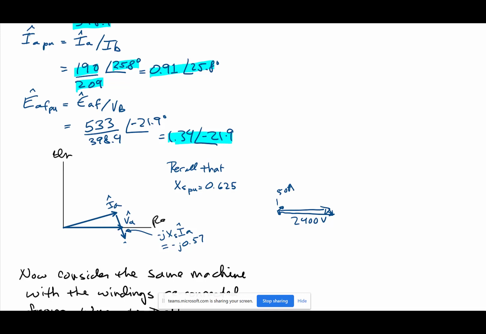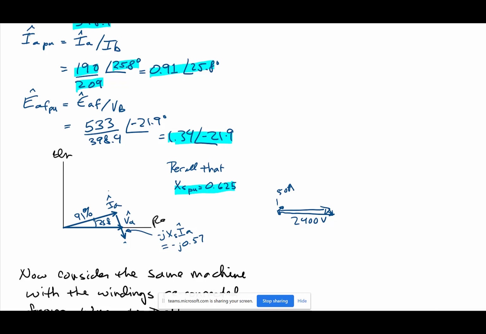So this is 91% of the rated. You can think of per unit as a percent. I'm running at 91% current. This is the angle, 25.8. I have to use my per unit reactance, 0.625.